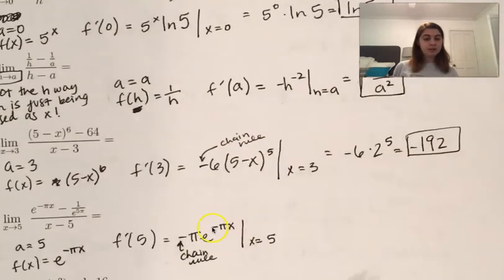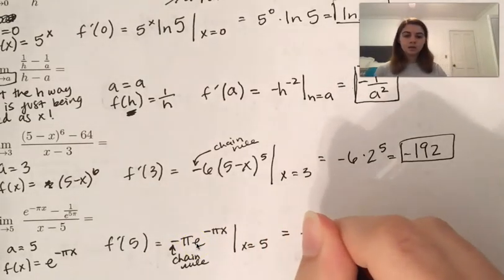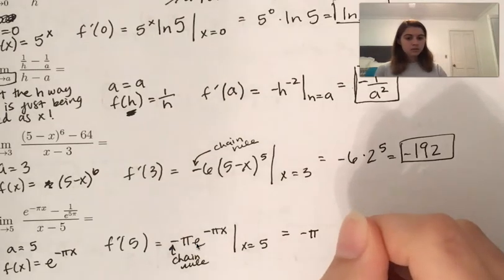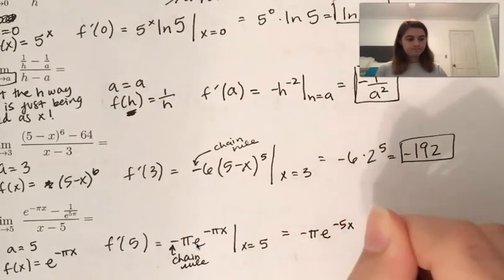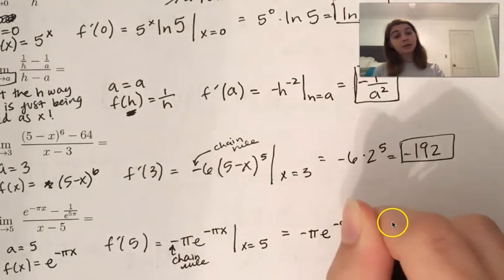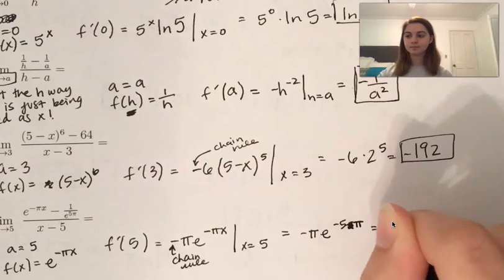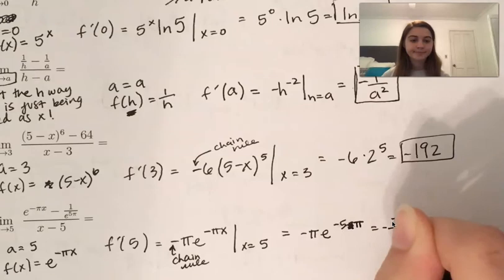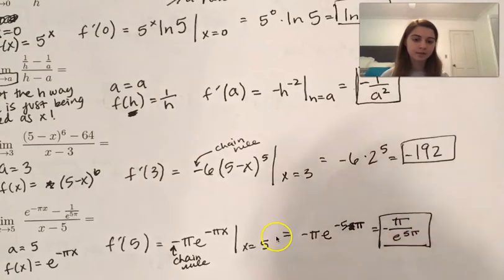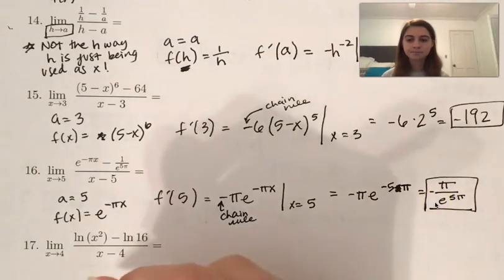And then we're going to turn this negative exponent back into fraction form, after we plug in the 5. And there we go. We get negative pi for this negative, and then that whole thing becomes the bottom half of the fraction.